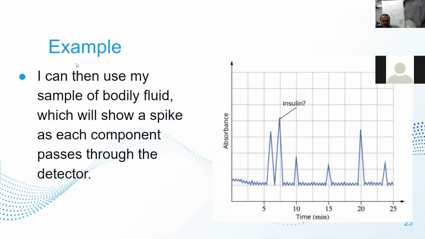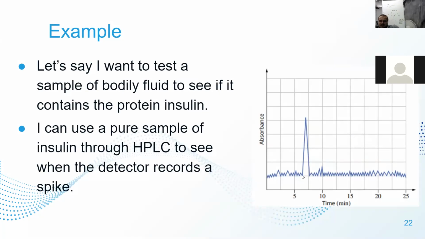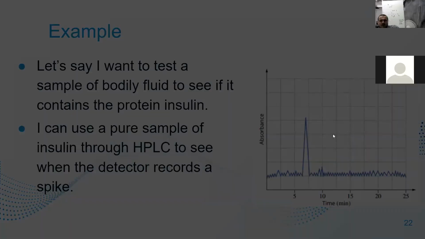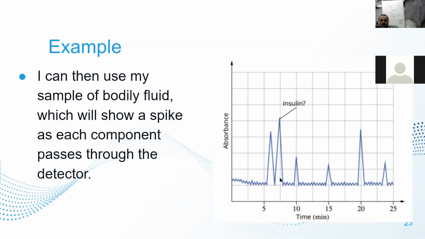So here we have a spike at about 7 minutes of pure insulin. That's what it's supposed to look like if there's insulin in our sample. Oh, hey. This is our bodily fluid. We've run it through the chromatography column. And this is our chromatograph.